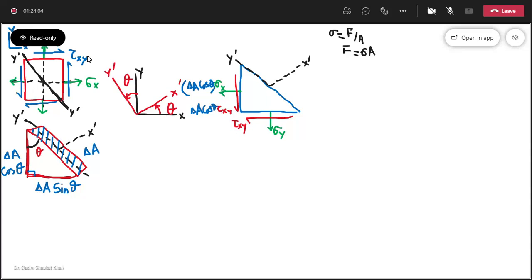This will be sigma y delta A sin theta. And this will be delta A sin theta. Everyone agrees up till this point?